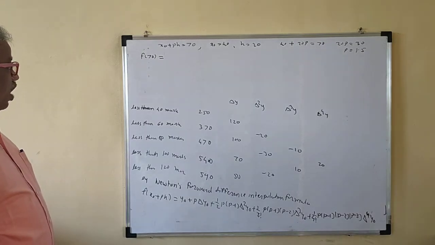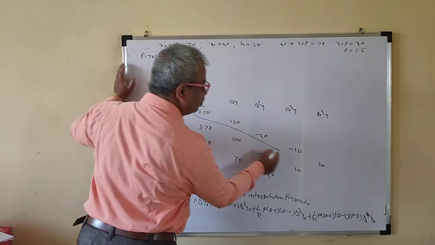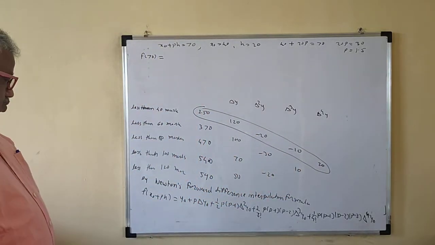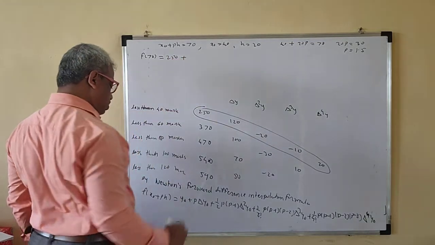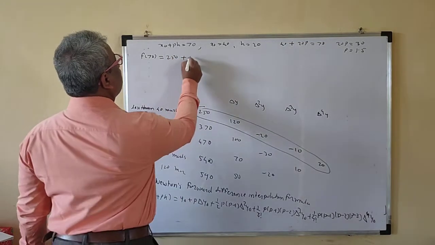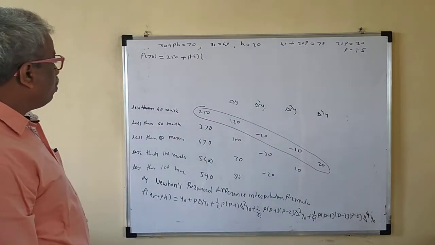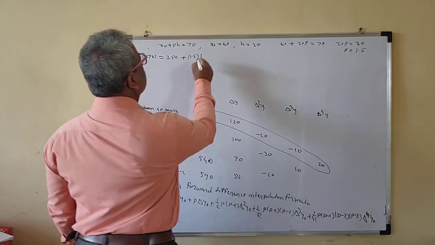Okay, so f of 70 is equal to y naught, that is the starting value. You have to apply this now. You want to put this value only. So this is 250, plus p is what? 1.5. Take the y naught, so 120.